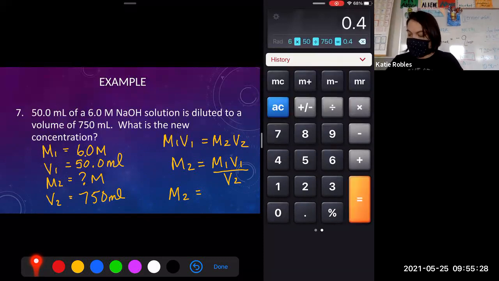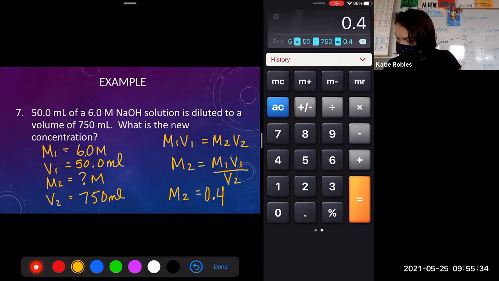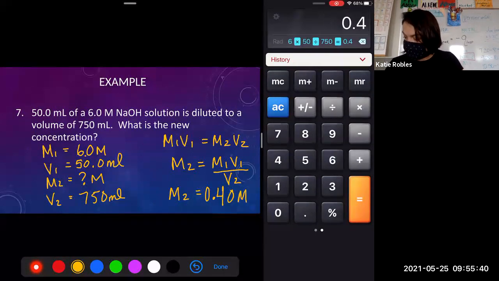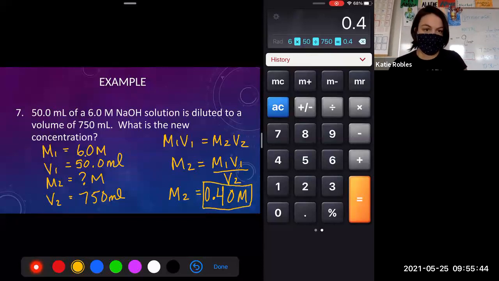My molarity went pretty far down, from 6 molar to 0.4 molar. I want to make sure I keep those two sig figs, so 0.40 molar is my new molarity.